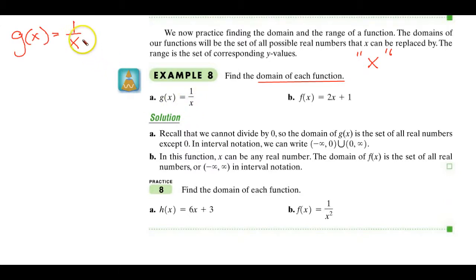So we just equate usually x equals 0. Well, if x were 0, that would make our denominator a 0. So what is our answer set then for letter A? Well, x is equal to any real number, but x cannot equal 0.